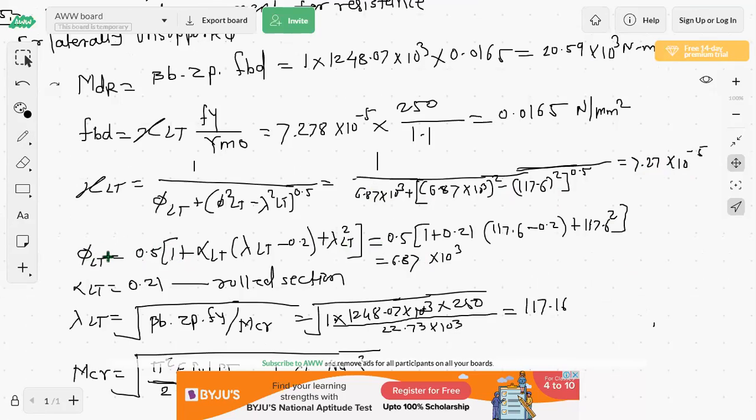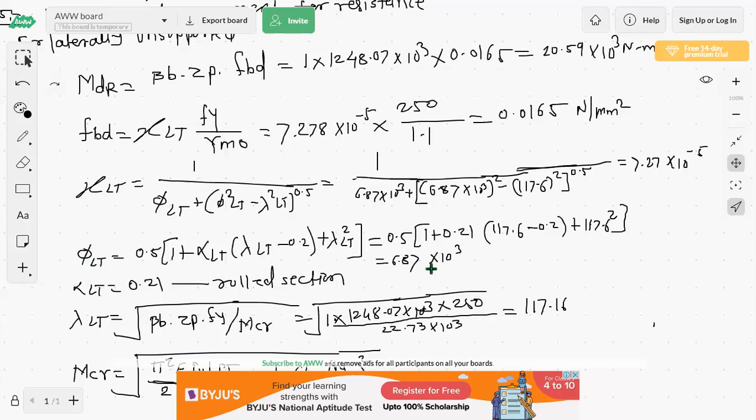Tell me phi LT value once again. Anyone can tell me this phi LT value once again?